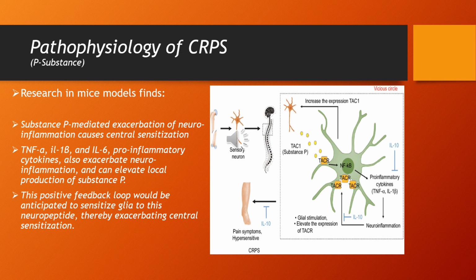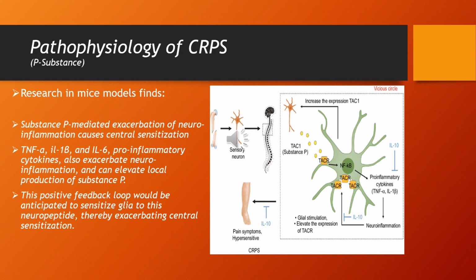Now, substance P is then mediated or facilitated by the sensory neurons due to the peripheral nociceptive stimuli of the pro-inflammatory cytokines that we've discussed prior, such as tumor necrosis factor alpha, interleukin 1b, and interleukin 6. These are the pro-inflammatory cytokines that we touched on in our first installment of this series.